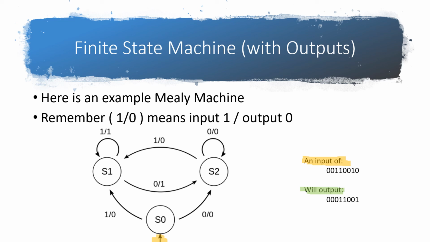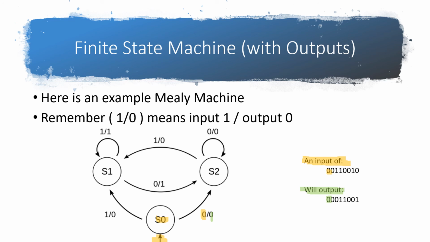And my first value there is a 0. So we're going to be on S0, and we're going to use that input, and that's going to generate us an output, which is going to be that 0. So that's the 0 that's created by that one.